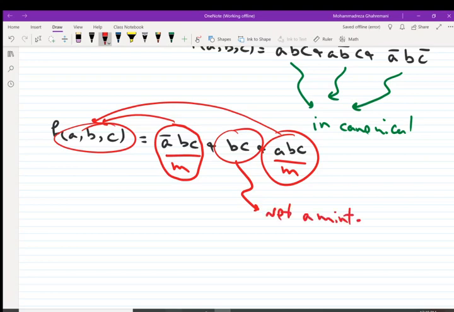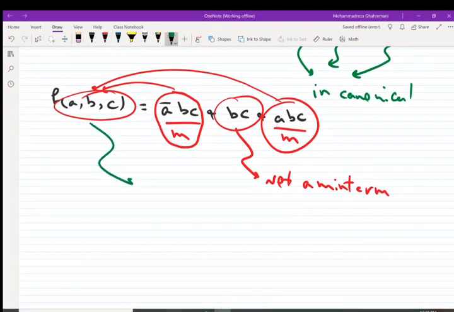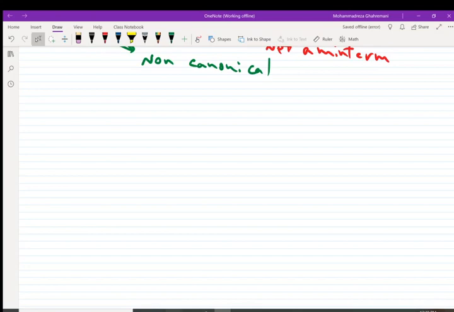Because the second product is not a minterm, we say that this function is non-canonical, because the middle term bc doesn't have all variables.